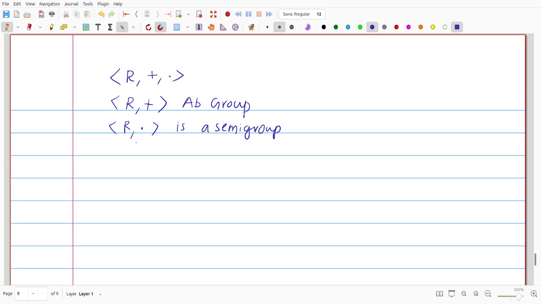So what do we mean by semigroup? Semigroup means this is a binary operation, multiplication is a binary operation, and that dot is associative. This is the only axiom. This operation multiplication is associative.